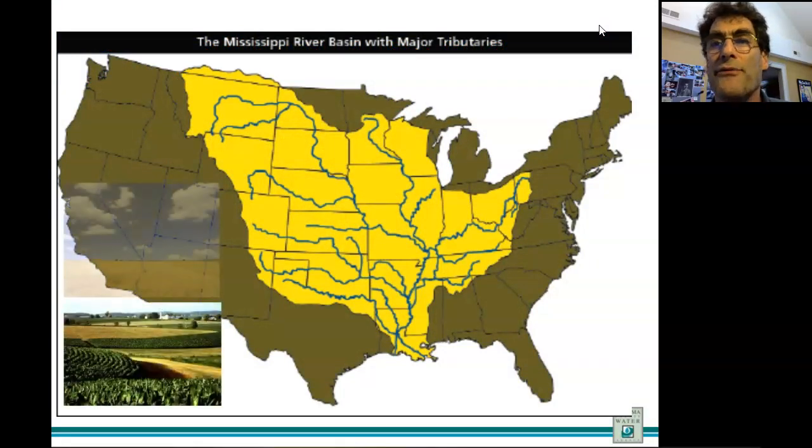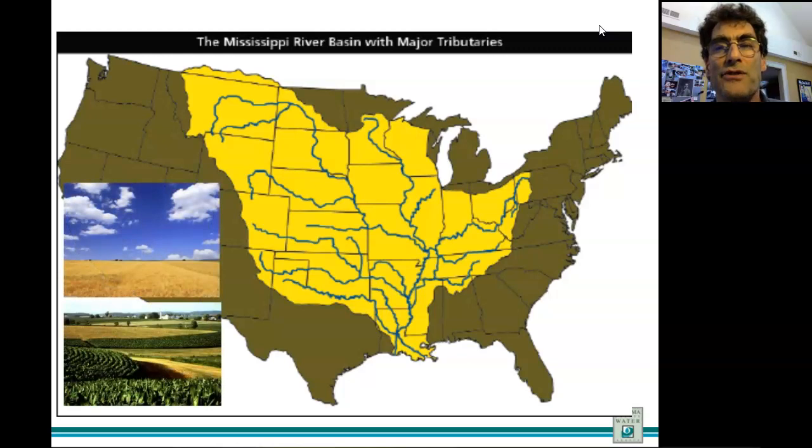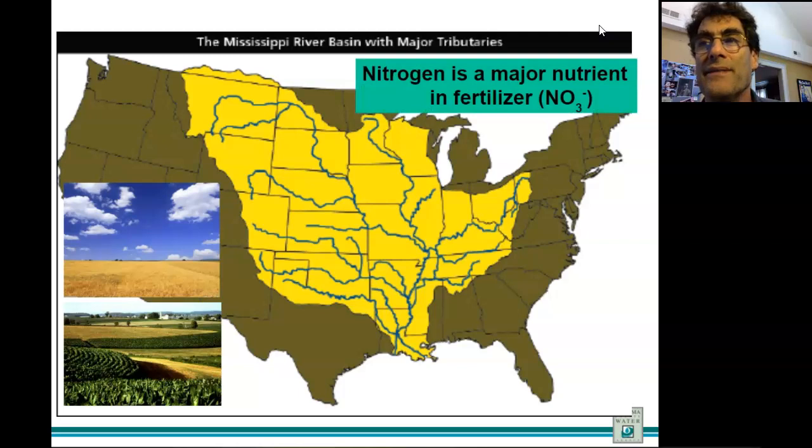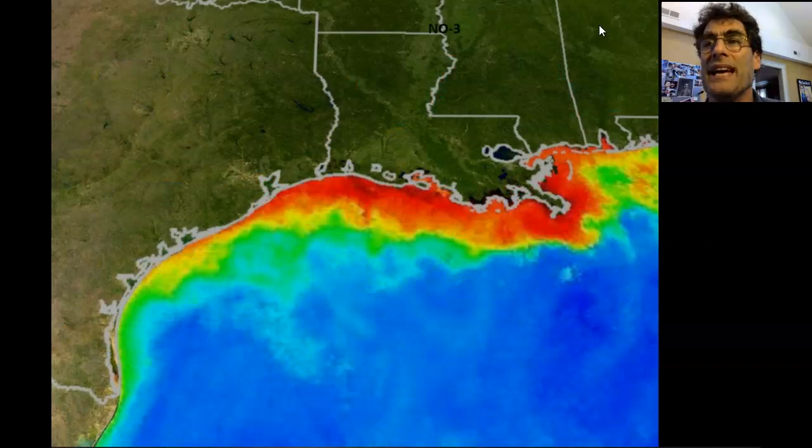Think of all of the farming that's going on in there and all that nitrogen fertilizer that gets used. And we could do it more carefully, but nitrogen fertilizer is fairly inexpensive. And so a lot of that gets washed into the river. And it's a major nutrient. It's the most important nutrient that we use because it's the limiting factor for plants, right? So we have all this nitrogen all over the place, and it's going to end up here.